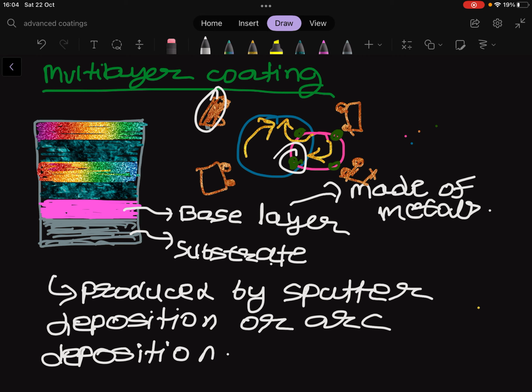So we said that typically we have two different material compositions, and for example, if we exploit the family of compounds, for example nitrides, carbides, and oxides, we can produce a sequence of nitride layers. So nitrogen is a common element given by the gas phase, and different metals are provided by the targets.